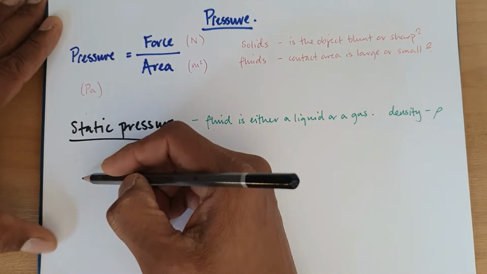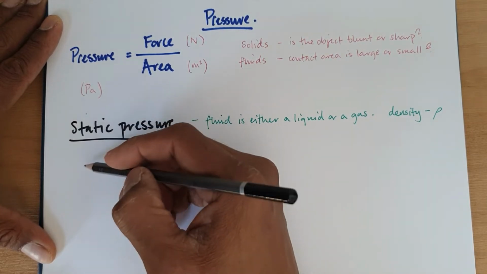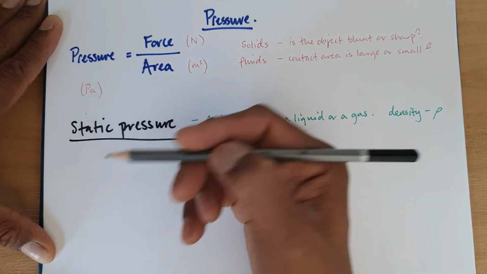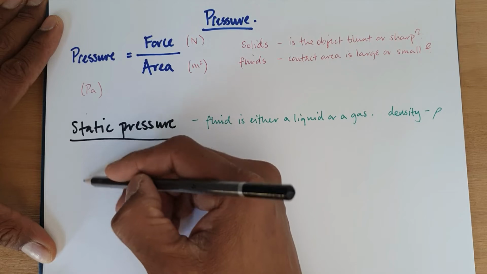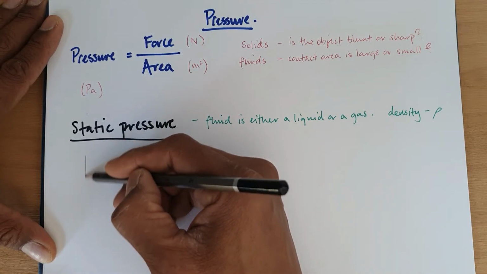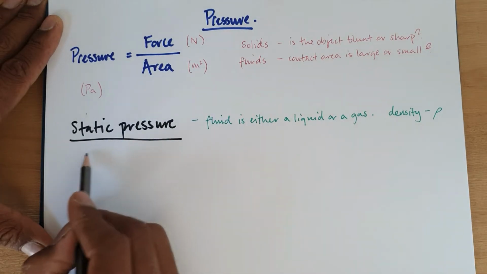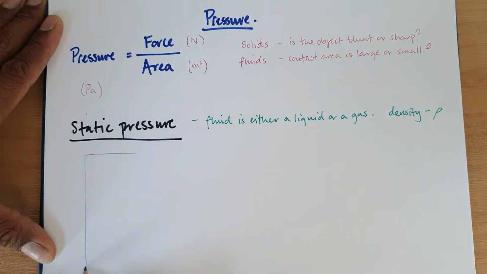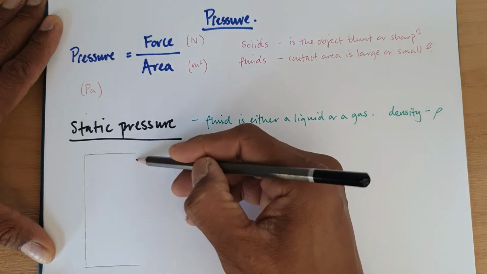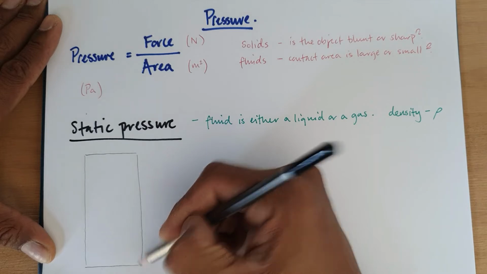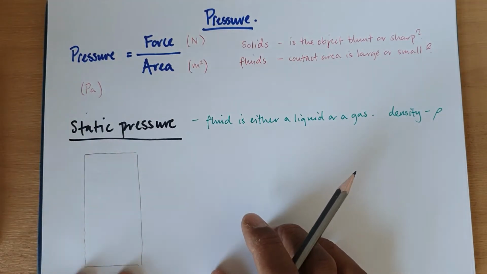Now, you don't have to know how to derive it, but it's worth being able to derive it. So I'll just walk you through the derivation. At least in terms of derivations, it's fairly simple. We imagine a column of a liquid.